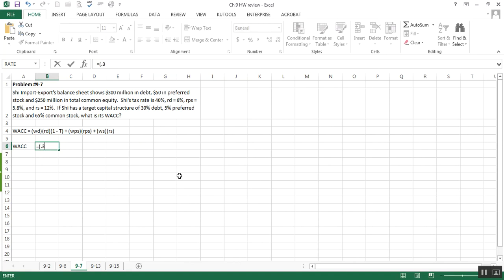the weighting for debt, which is 0.3, 30%, times the rate for debt, which is 6%, times 1 minus the marginal tax rate of 40%, plus the weight for preferred stock, which is 5%, times the rate for preferred stock, which is 5.8%, plus the weighting for common stock, which is 0.65, times the rate for common stock, which is 12%.